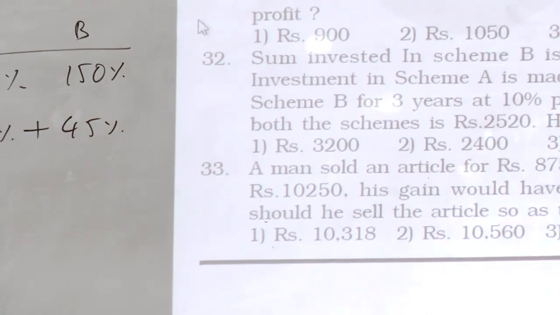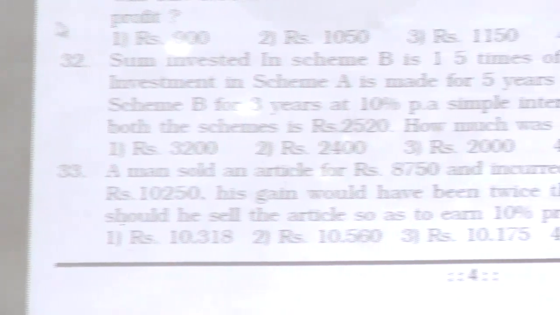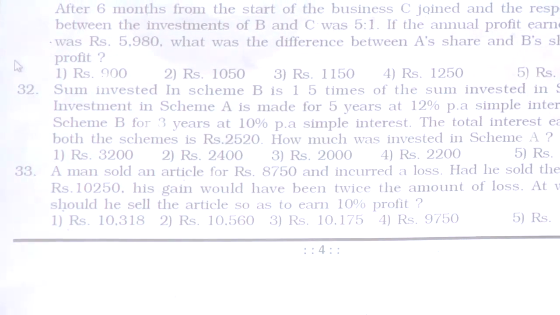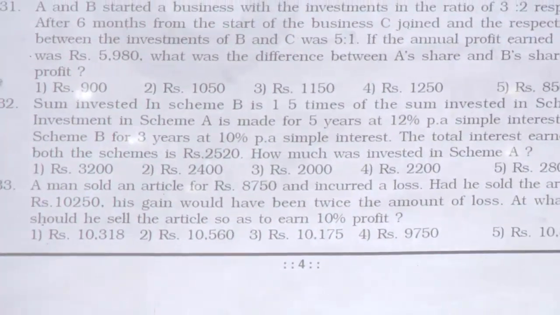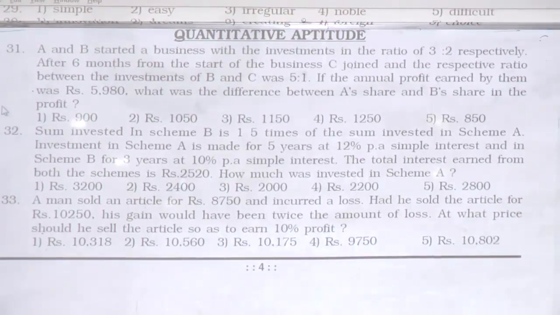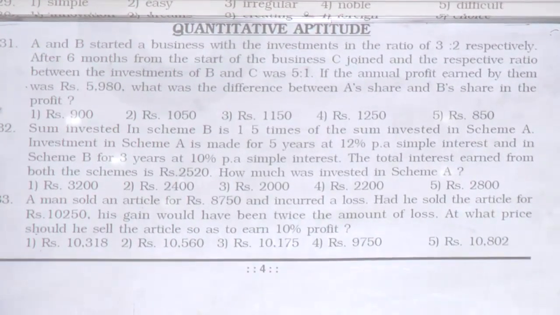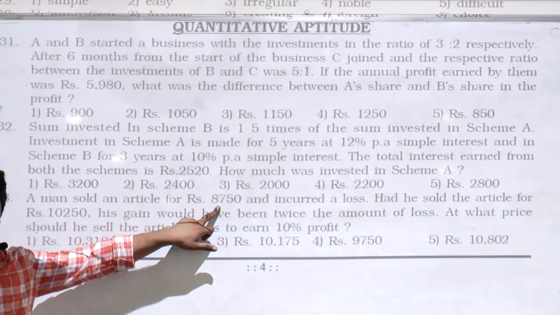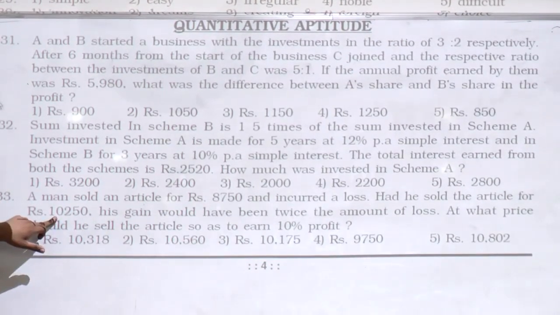A man sold an article for 8,750 and incurred a loss. Had he sold the article for 10,250, his gain would have been twice the amount of loss. So we have two values here, both are selling prices. Here if you get x rupees loss, here you are getting profit, and profit would be 2 times of this.